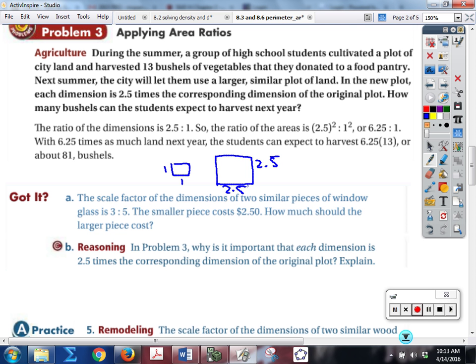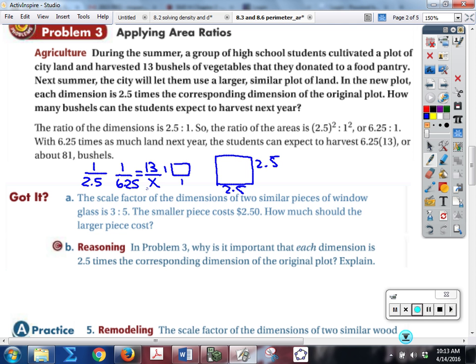So you could either times the 13 by 6.25 and you get 81, or you could say, this one was 1 to 2.5, which ended up being 1 to 6.25 when you squared them, equals, they did 13 this year and X next year. So you could just solve that by timesing the two. So it's just like a proportion, but it's just thinking a little bit different. But I did solve the proportion.